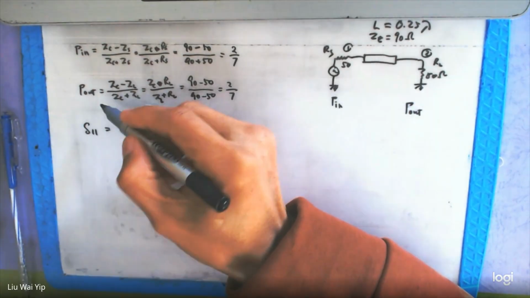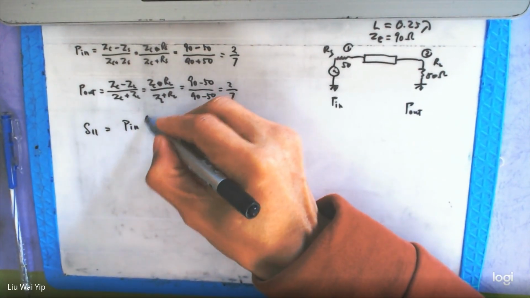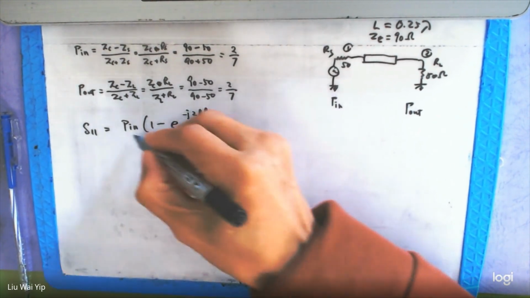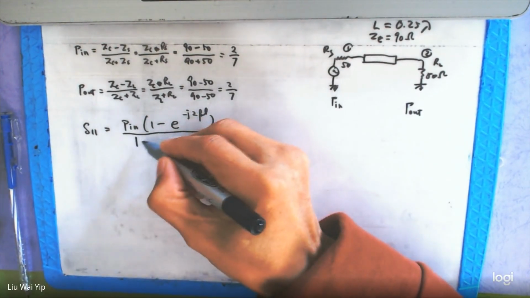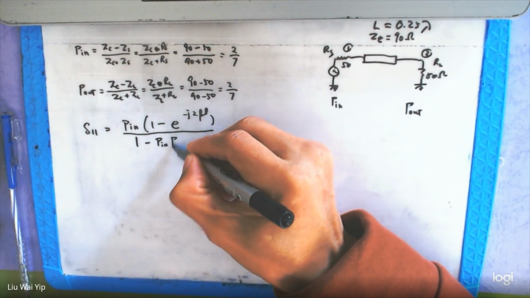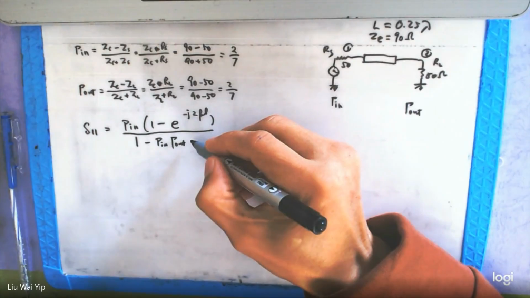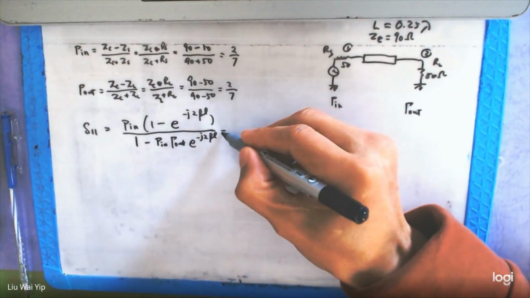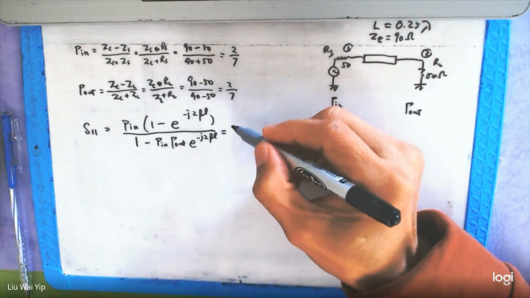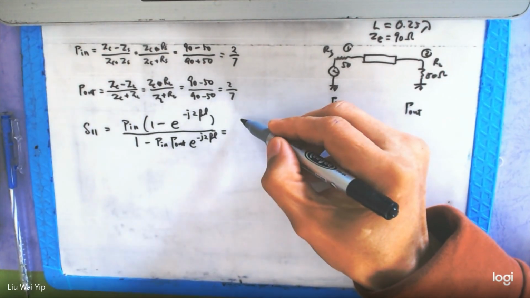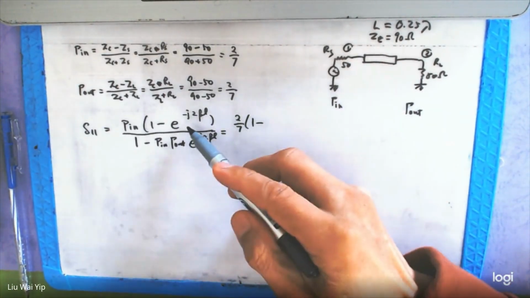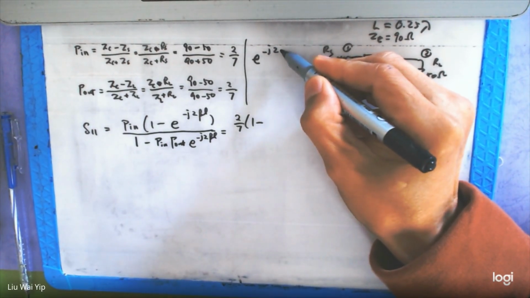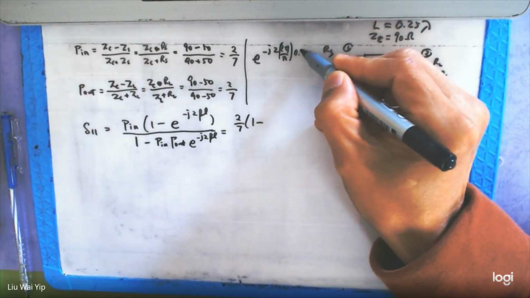The S11 is going to be the input reflection coefficient, and then 1 minus gamma in gamma out e to the minus j2 beta L. So in this case, we can substitute the value here, 2 over 7, 1 minus, okay, we need to work this out. e to the j, 2 pi over lambda, and then 0.25 lambda.